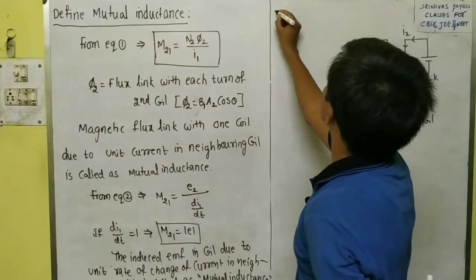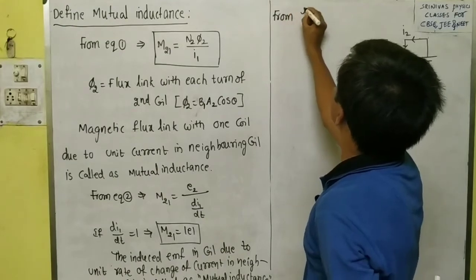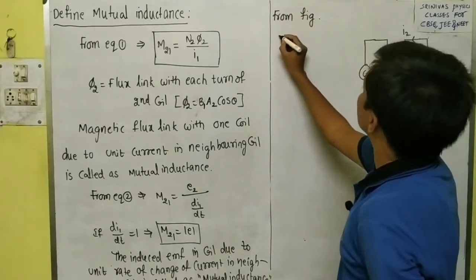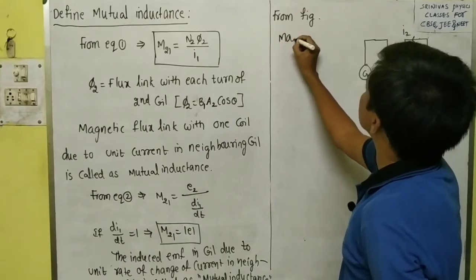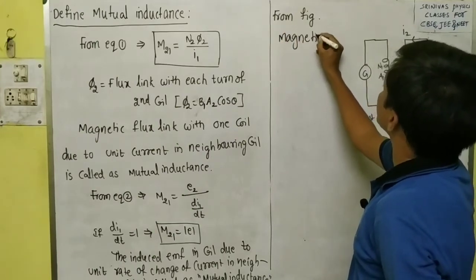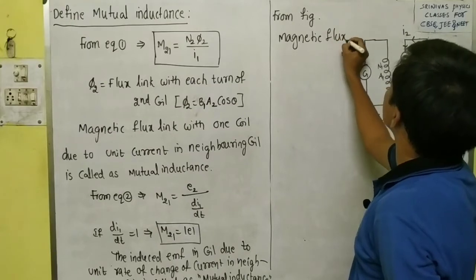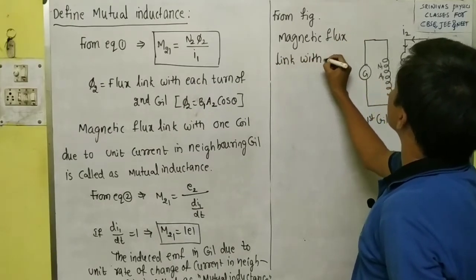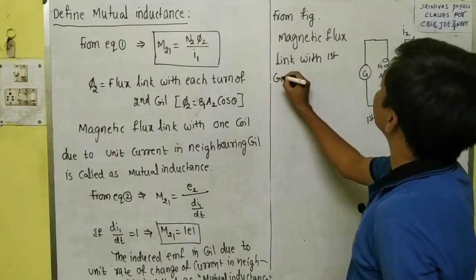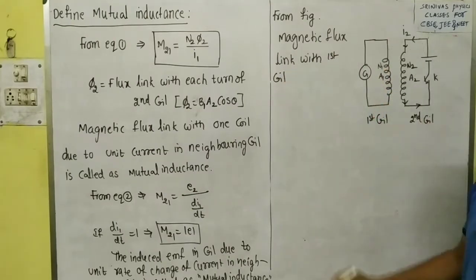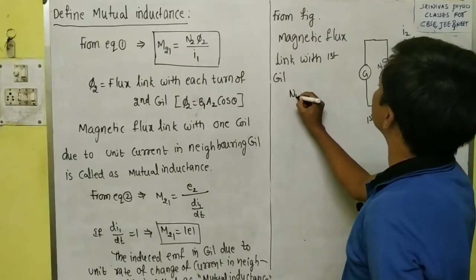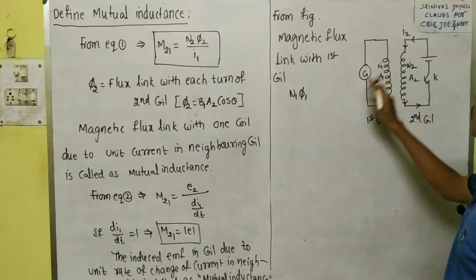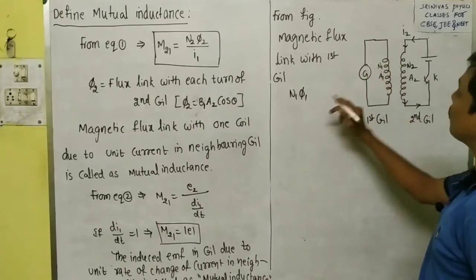From the figure, the magnetic flux linked with the first coil, with N1 turns, is N1 phi 1.